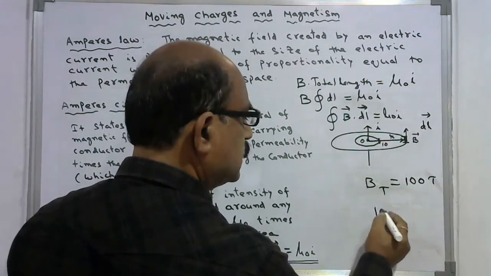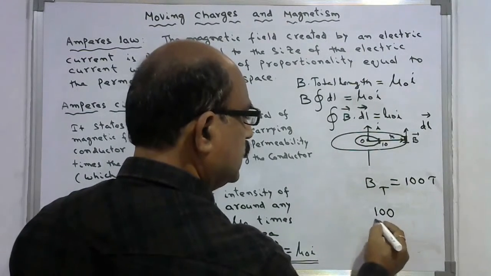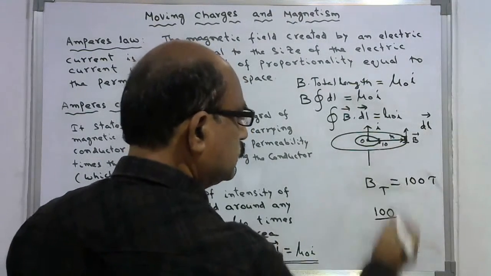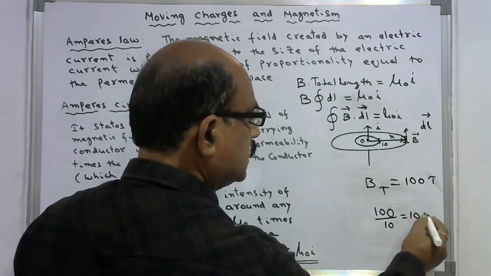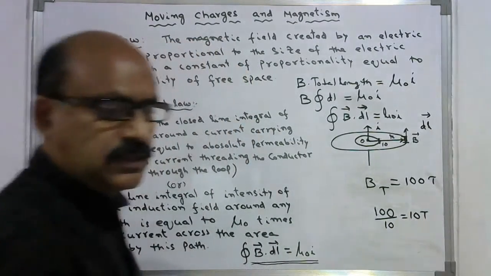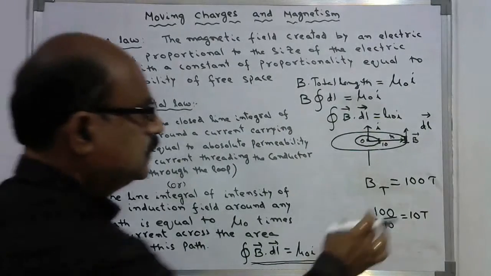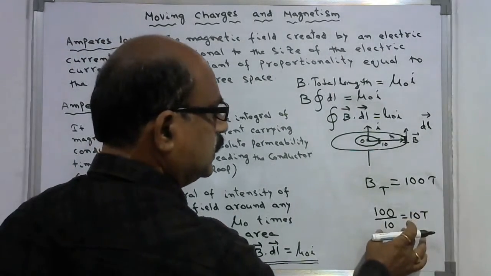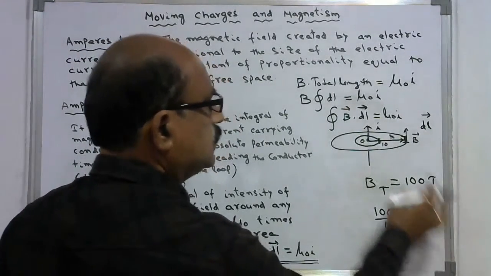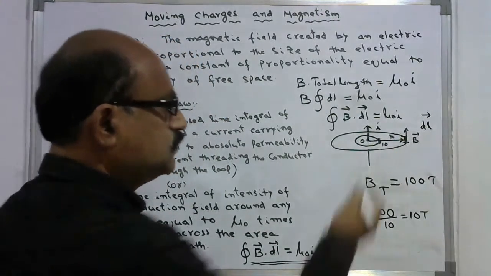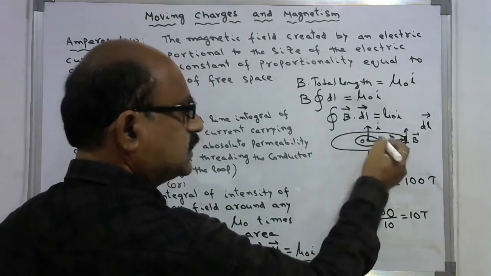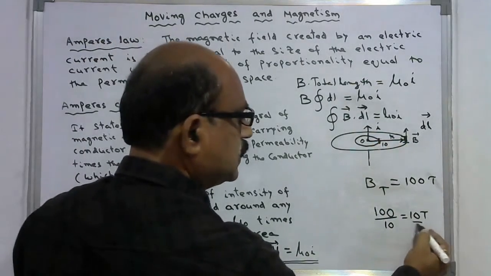Total field is 100 by total length 10. That is equal to 10 Tesla. Very clear? So the total field by total length gives the magnetic field at this particular distance. At this particular distance on this circle, 10 Tesla.